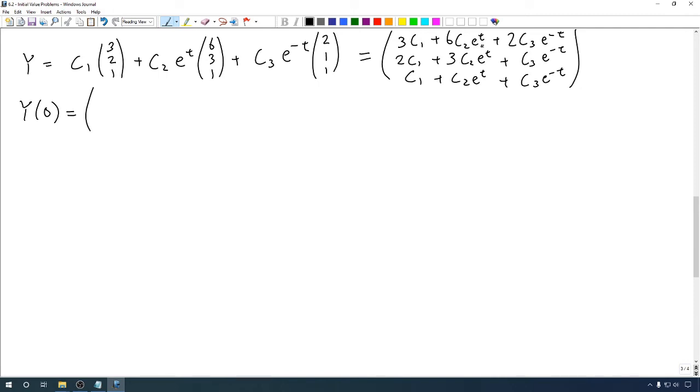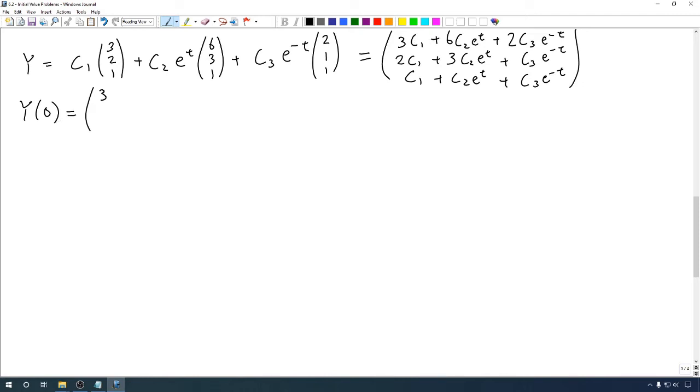One of the advantages of doing this, especially when we don't have complex eigenvalues, is that anytime we have an e to the something times t, that becomes 1. That's why we like to have 0 here, because it's much easier. If we have a different initial condition, things get a little bit more complicated and we end up with extra e's in our formula. But I'm not going to give you any problems where we don't plug in 0.